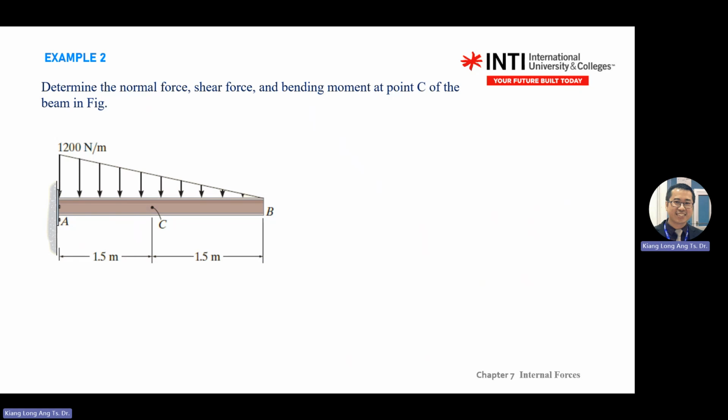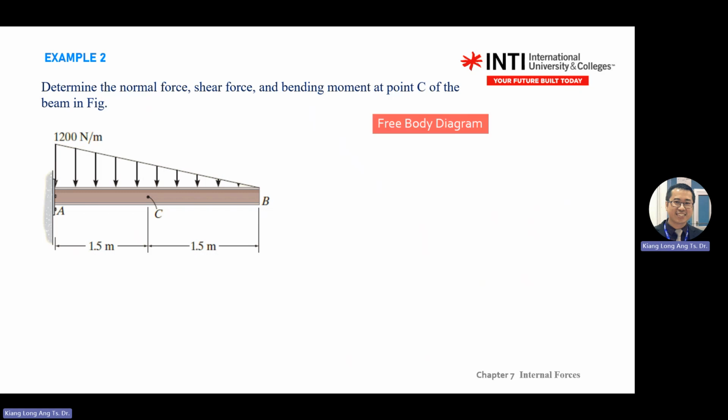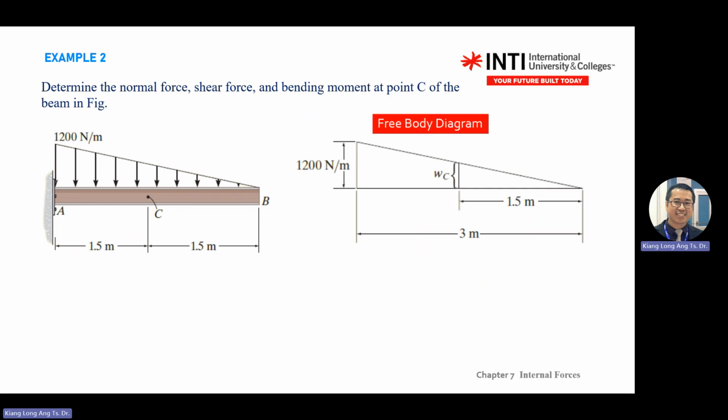The focus load will be here, 1 meter. Then the rest depends on the question, which asks where is the internal force that you need to analyze. So I just show you the steps. First, you just convert the distributed load into focus load, right?